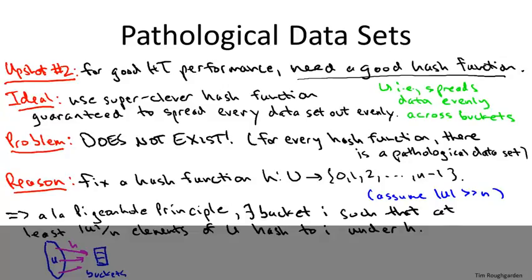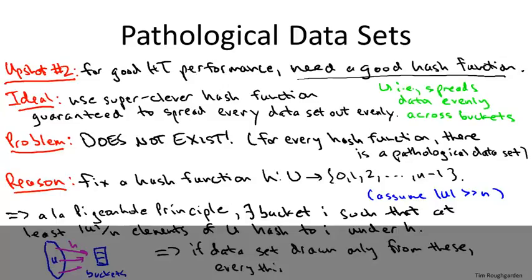So the point here is that no matter what the hash function is, no matter how clever you build it, there's going to be some bucket, say bucket number 31, which gets its fair share of the universe mapped to it. So having identified this bucket, bucket number 31, to construct our pathological data set, all we do is pick from amongst these elements that get mapped to bucket number 31.